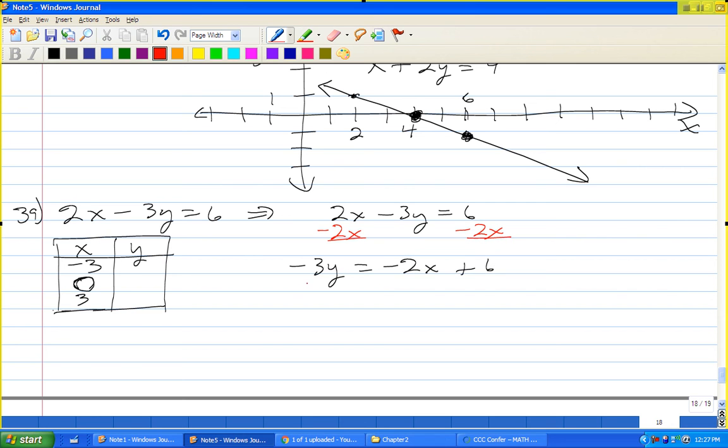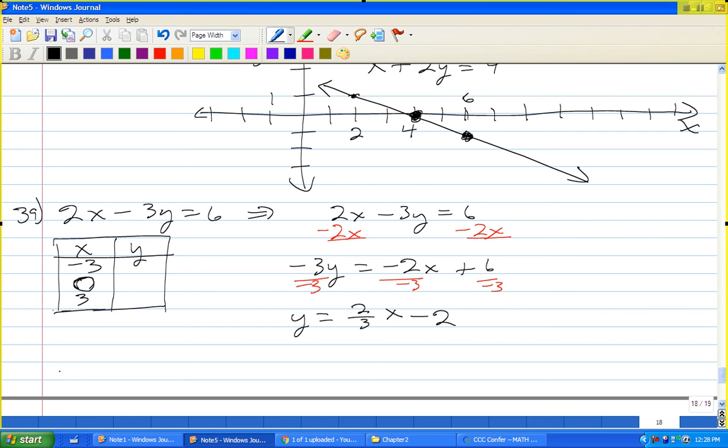Divide each term by -3. So I have that y is equal to negative divided by negative is positive. So 2/3 x. Positive divided by negative is negative. 6 divided by 3 is 2.